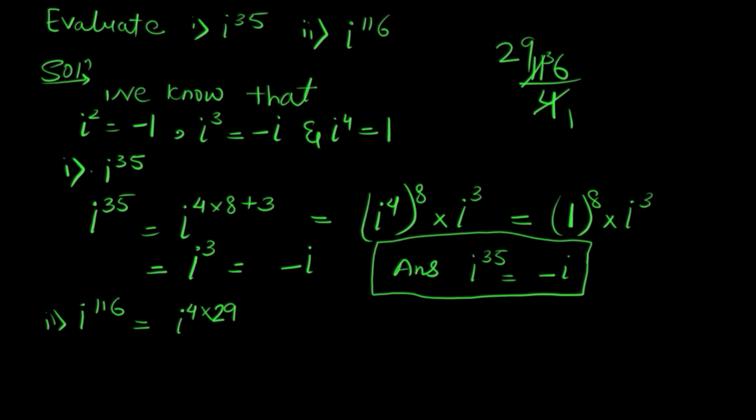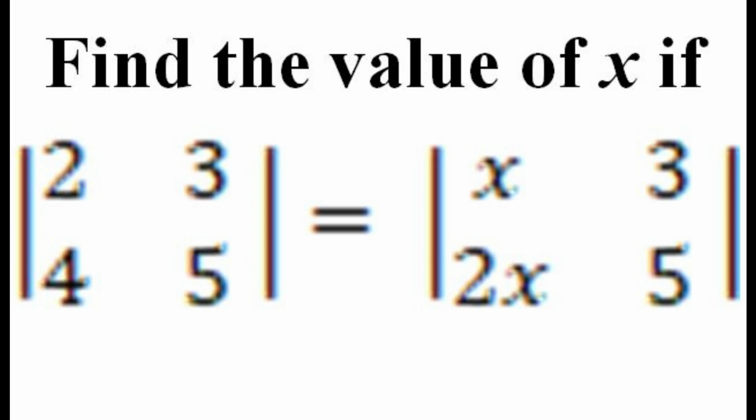So it becomes i raised to 4 raised to 29. But i raised to 4 is 1, and 1 raised to 29 is 1. So the answer is i raised to 116 is equal to 1.